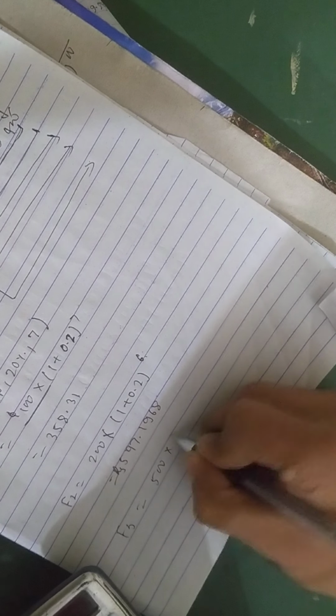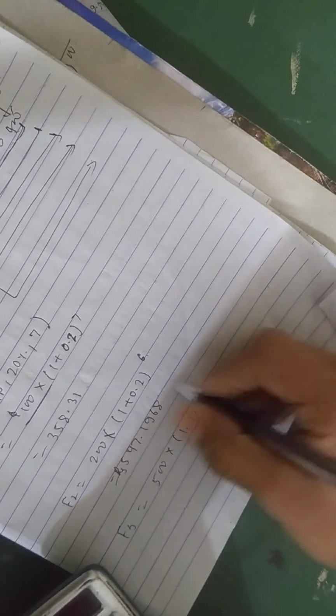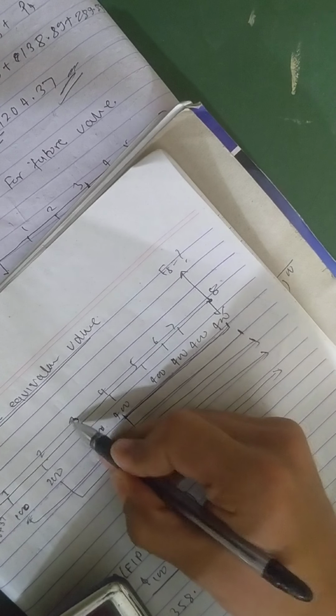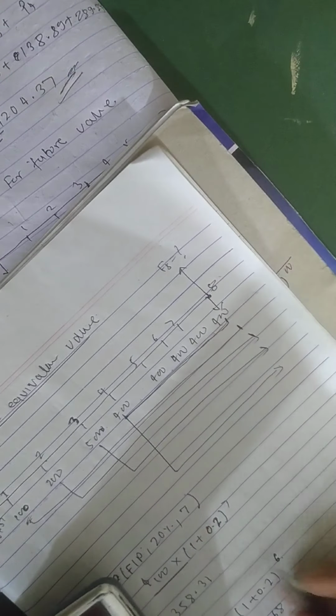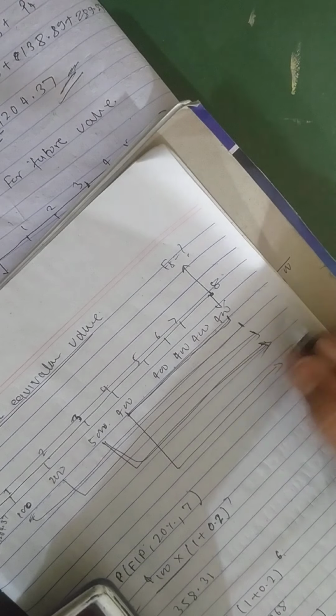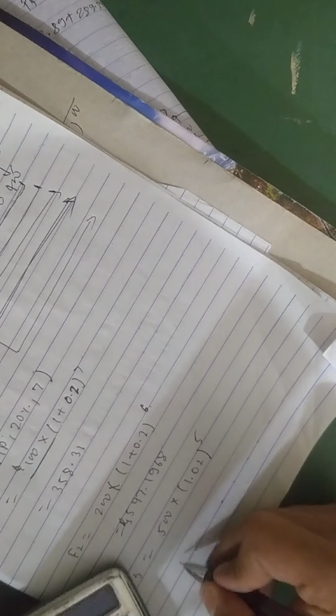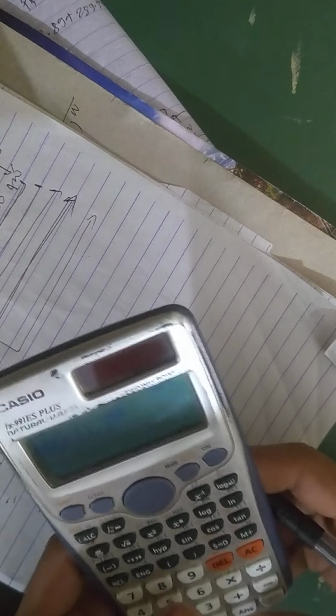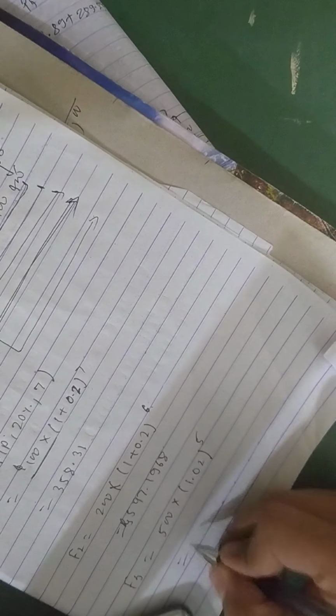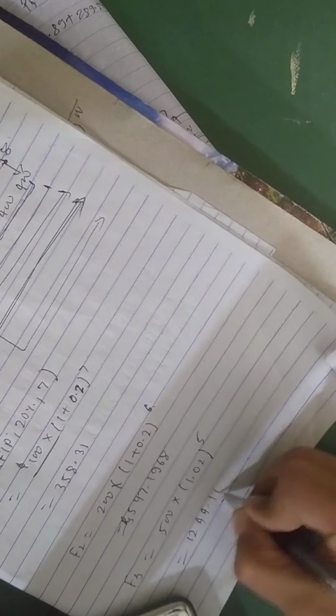For F3 similarly, 500 into 1.2 to the power 5, since 8 minus 3 gives a duration of 5 years. After 5 years, 500 into 1.2 to the power 5, okay, no problem, yields 1244.16.